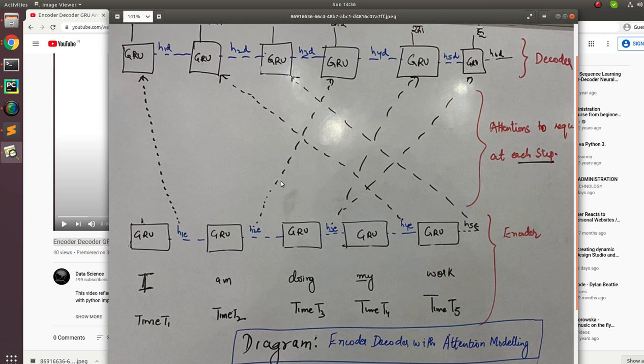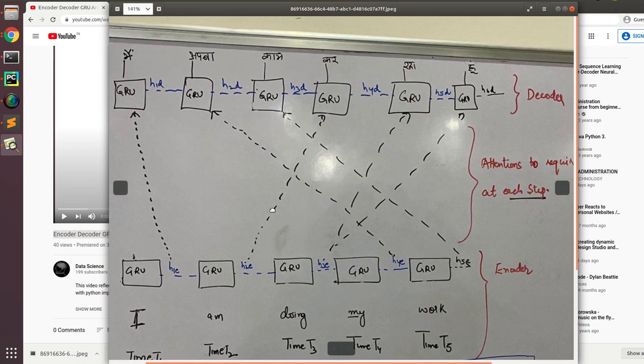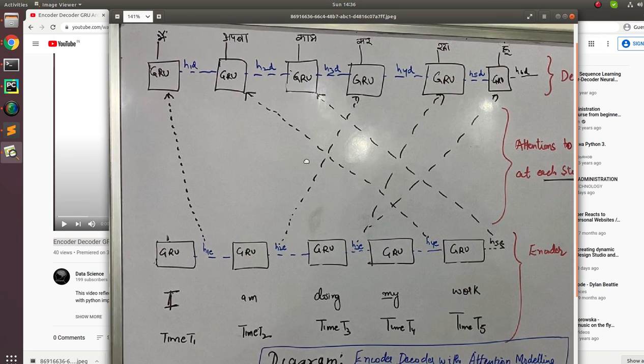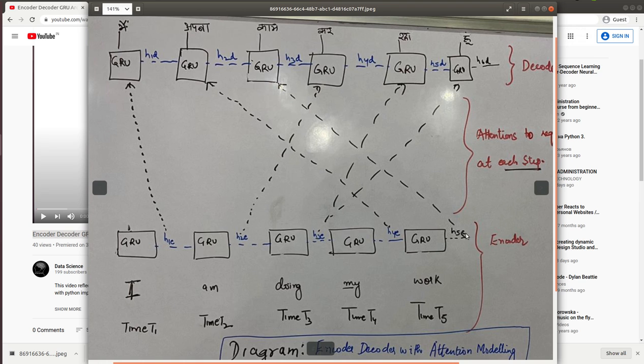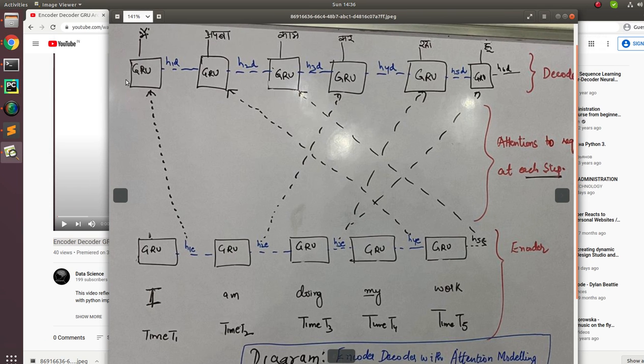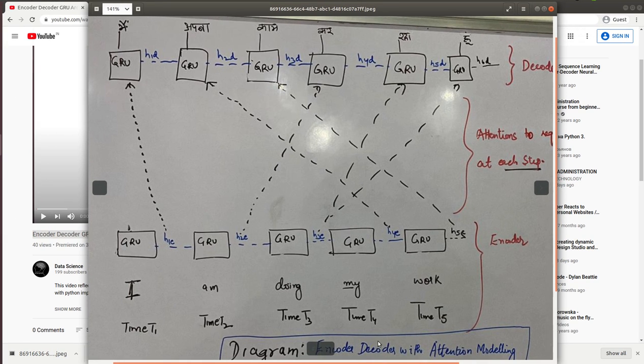Suppose I have a sentence, I am doing my work, and I need to decode it, and the decode is मैं अपना काम कर रहा हूँ. So if I just implement the code which I have implemented in the video, that is the encoder decoder architecture for English to Hindi translation, I need to pass the whole hidden state of the final encoder as the first state of the decoder, first decoder state.